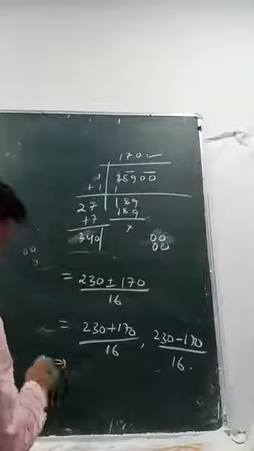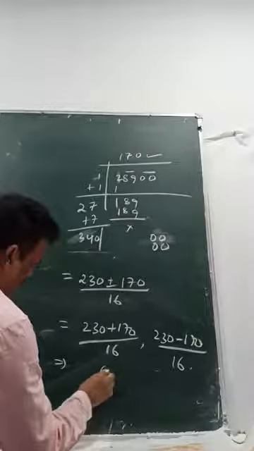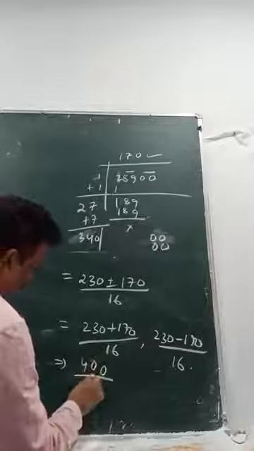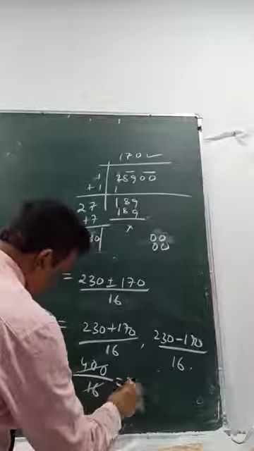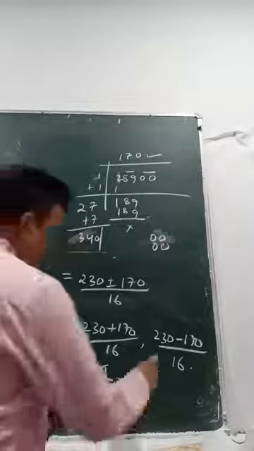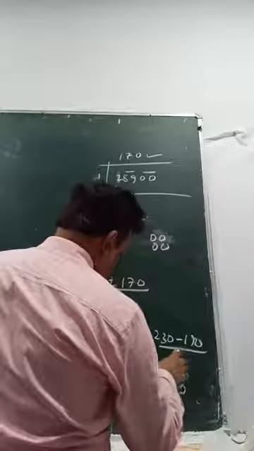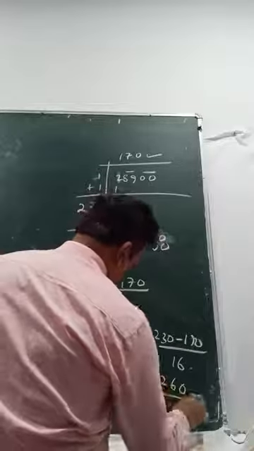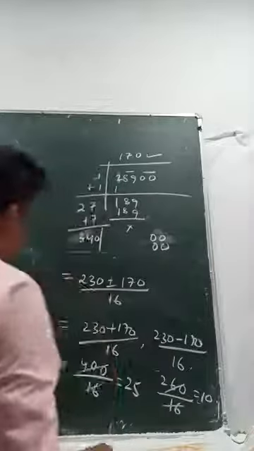So this is how much? 400 by 16. So this is 25. This is 10. This 10 is rejected.